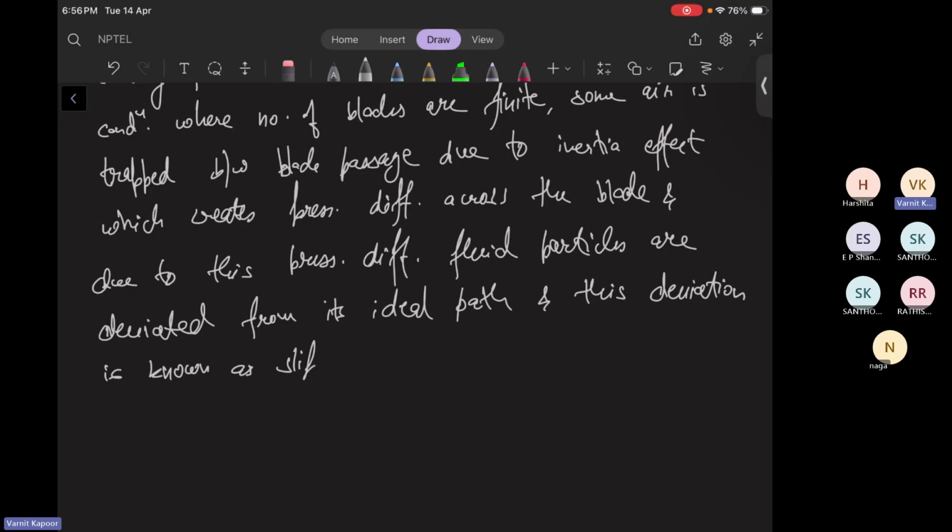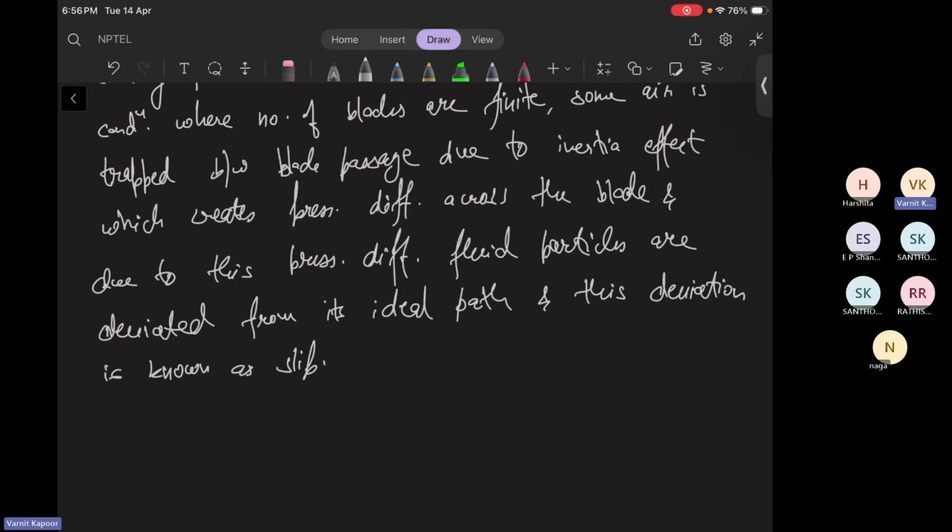Think of it like this. You are moving in a straight line with some other people. There is no disturbance in your inertia, but suppose some wind blows at a very high speed. Then you get dragged and you are no longer in the straight line.